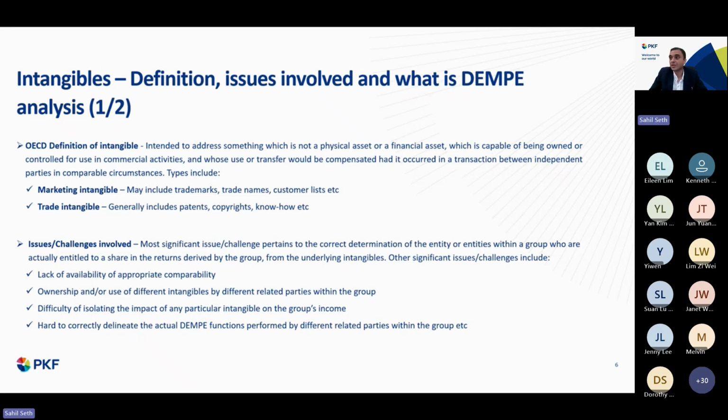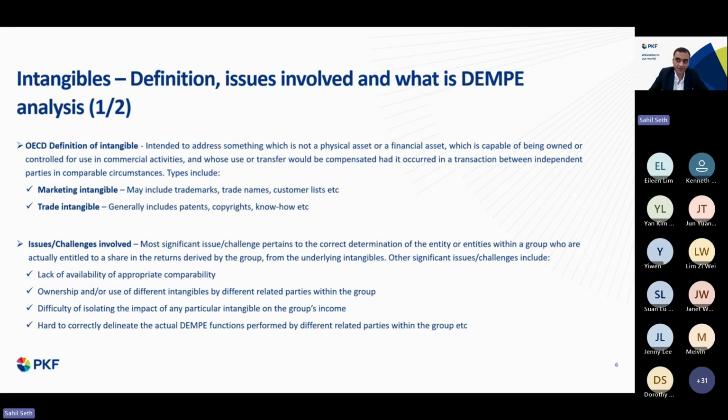example, a pharmaceutical company. In that space there is R&D, there are a lot of patents, there are a lot of copyrights, etc. So which entity in the group has technical expertise towards the intangibles, towards the patents, towards the R&D, and what kind of returns are to be attributed is something very important from a transfer pricing point of view.